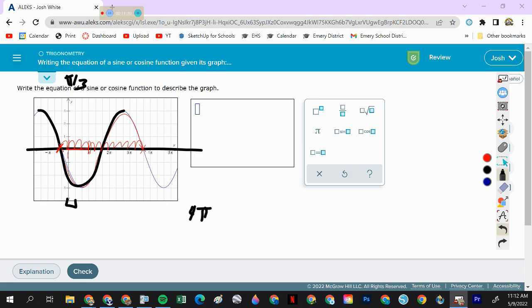I stick that in the period formula. Uh-oh, you confused? So each mark is 1/3, pi over 3, and one full cycle, so to go from here to here was 12 marks. So 12 copies of pi over 3 simplifies down to 4 pi.